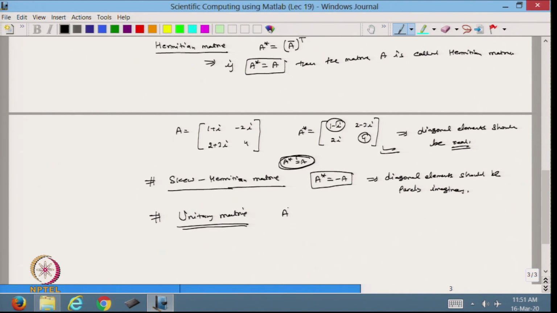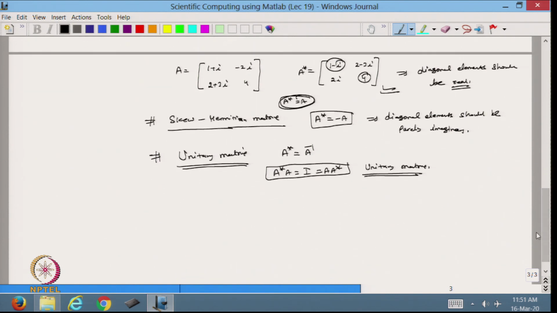So, this is whenever A star is equal to A inverse, such that A star A is equal to I. Then it is called the unitary matrix. Okay. So, this is the same way as the symmetric matrix, skew symmetric and orthogonal. So, this is all about some matrices.